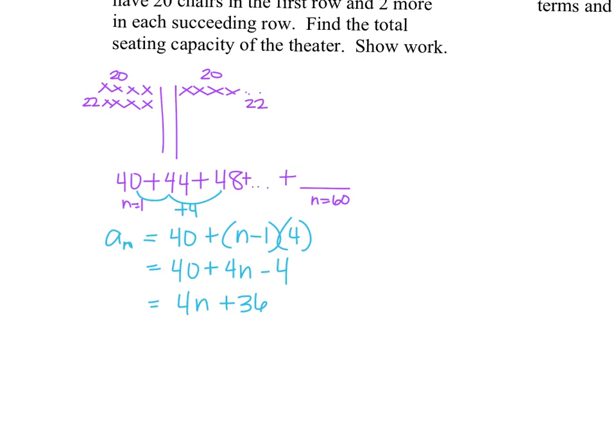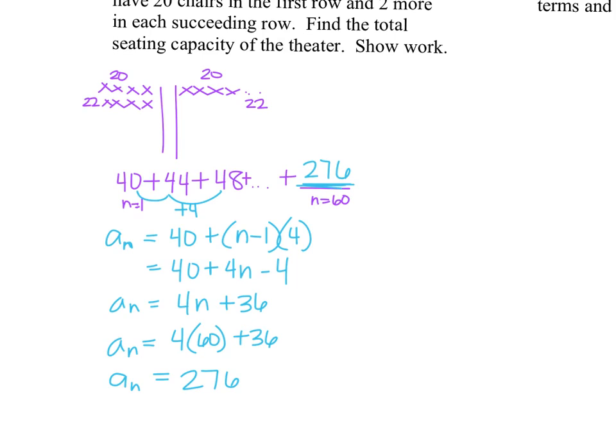We're trying to figure out for 60, okay? So we would say our a sub n, which is this term up here, right, is going to be 4 times 60 plus 36. So our a sub n, our last term here, is 276. Okay, that's this number, 276.